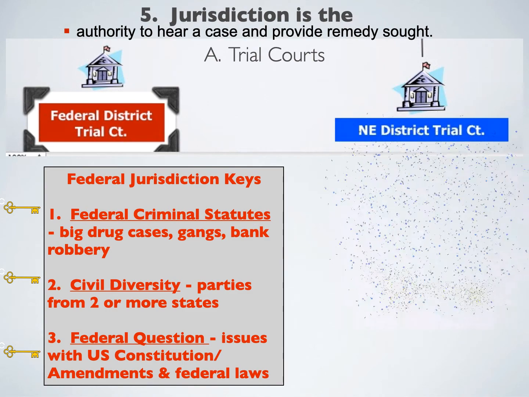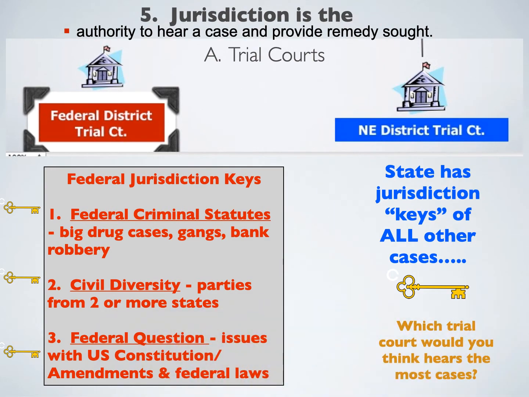Then we took a look at jurisdictional keys. All right. So if a case and its issues have things there in the red on the left, it has to have one of those 3, of which we talked about 1 and 3 being the big ones, 3 being the biggest one.